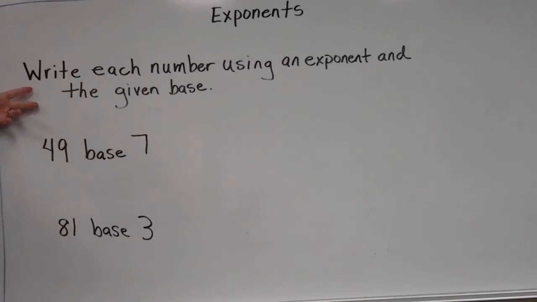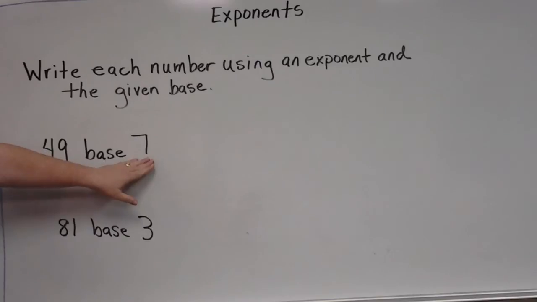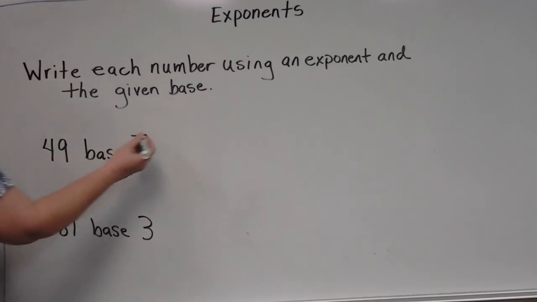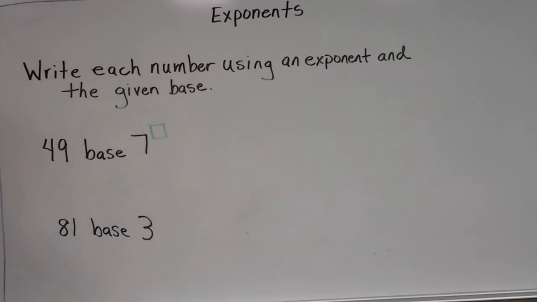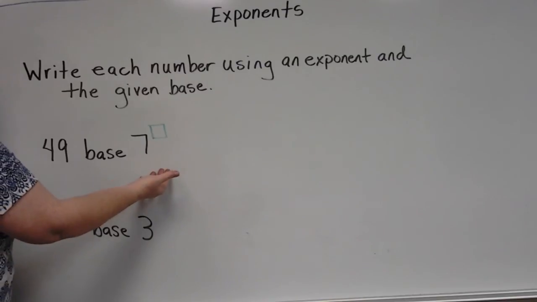When you see these directions, you're going to take this base and figure out what exponent is missing that would make 49. What's the missing exponent? So, 7 times 1 is 7. 7 is 7 to the first. 7 times 7 would be 49.